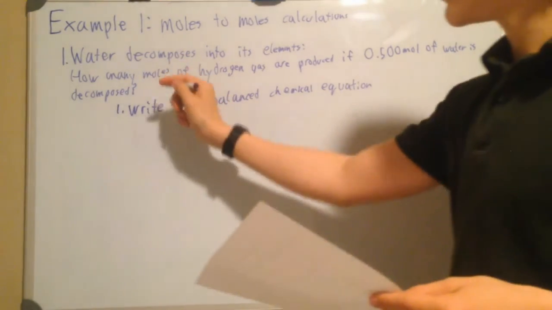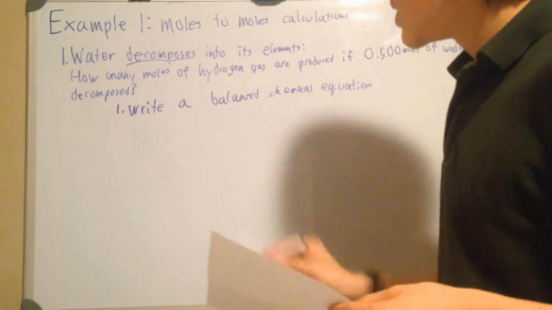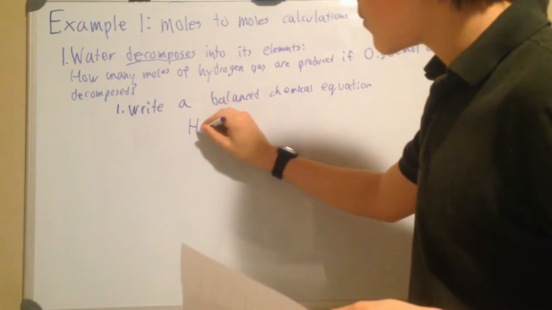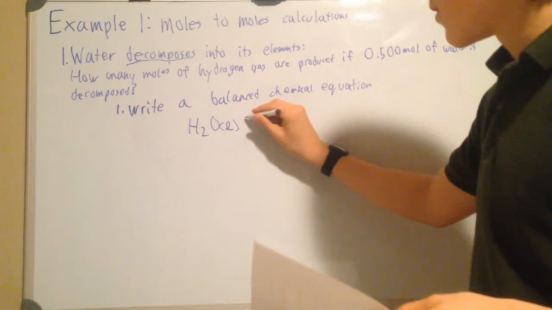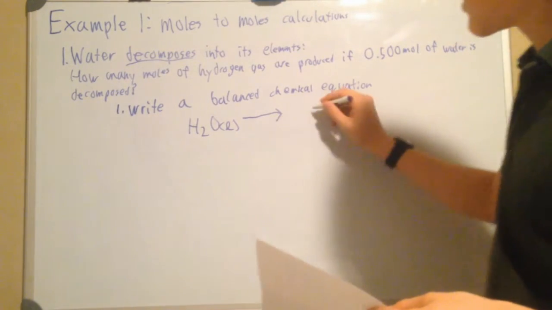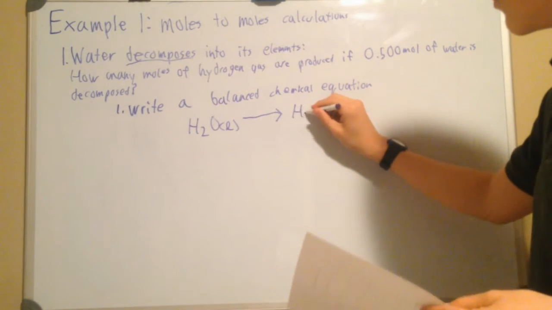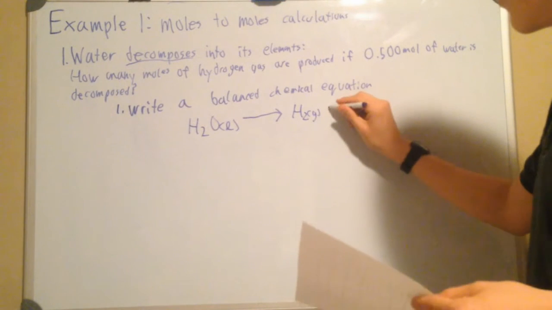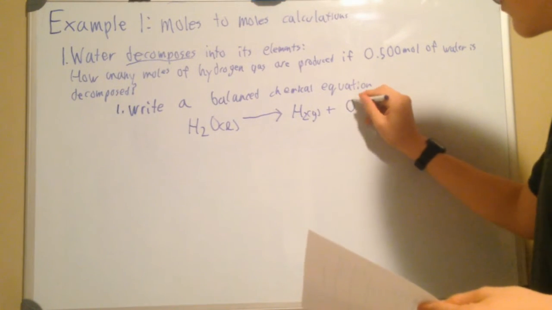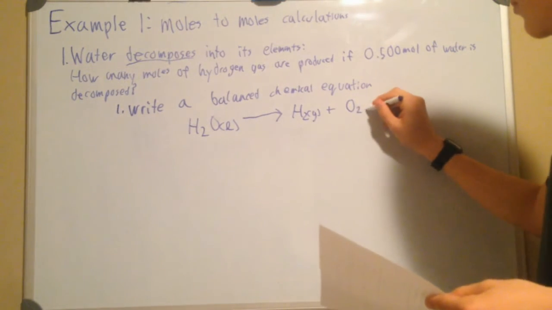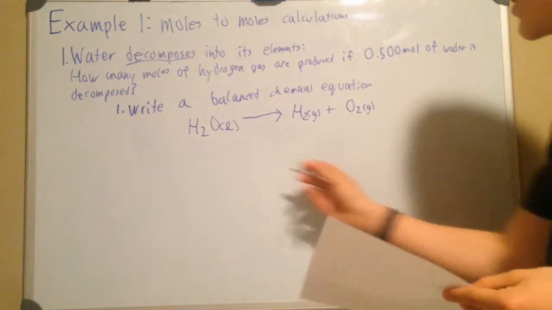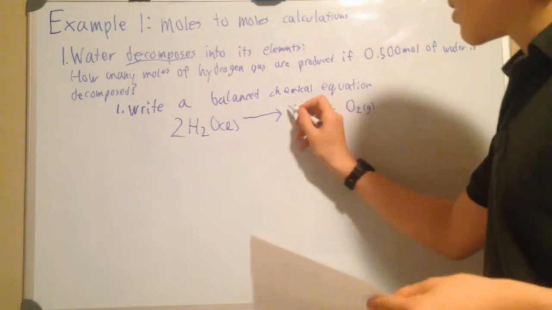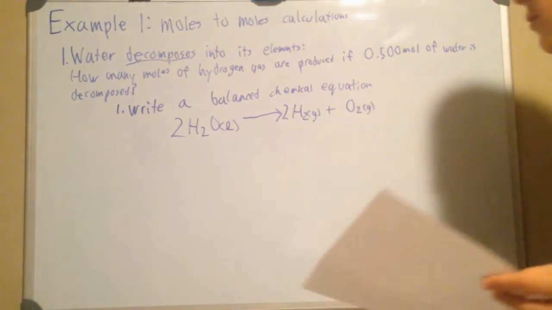The question states that water decomposes. So start out with H2O on our left, and show it splitting into its 2 elements. We'll see this isn't balanced, so we'll add a 2 here and a 2 here to balance out the sides.